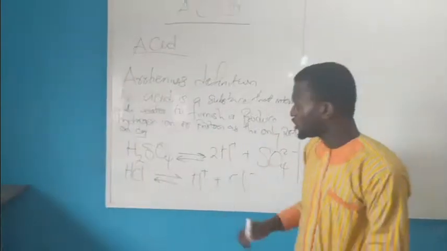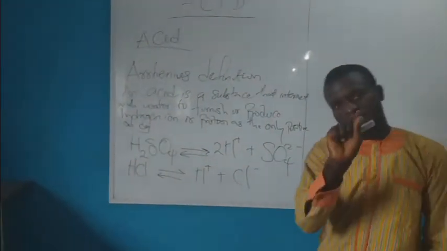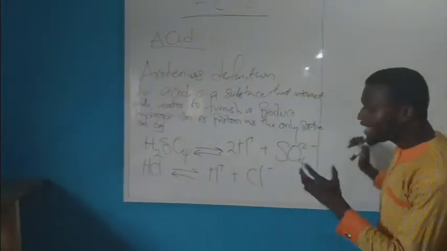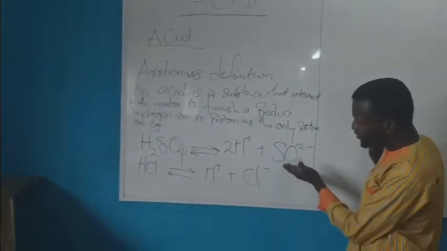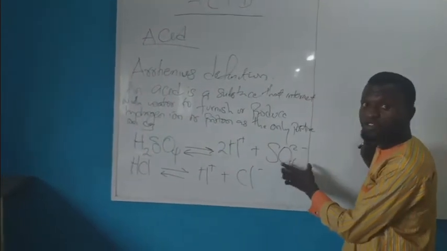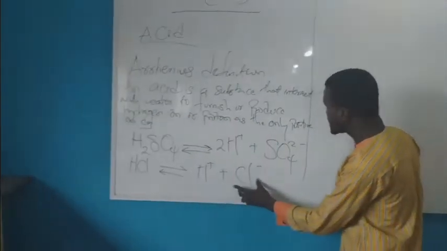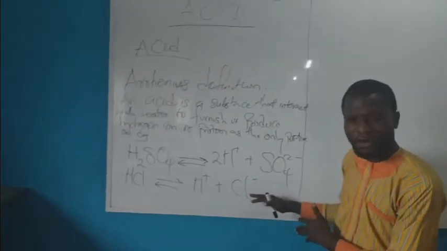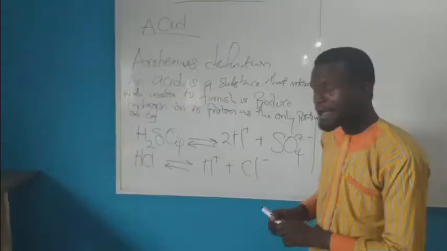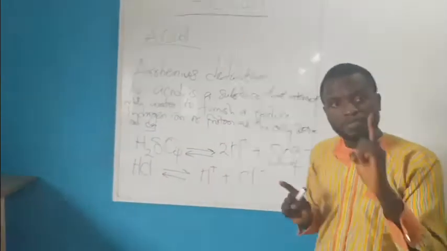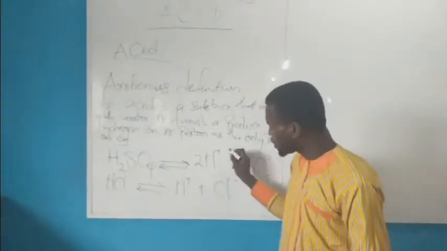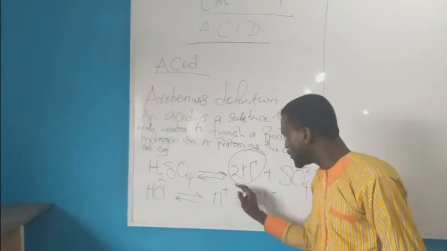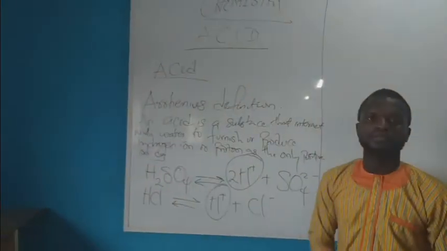From this illustration on the board, it is evident that the anions vary. Here, in the first example, we have tetraoxosulfate ion. In the second example, we have chloride ion. But one ionic species is constant to both equations, which is hydrogen ion or proton.